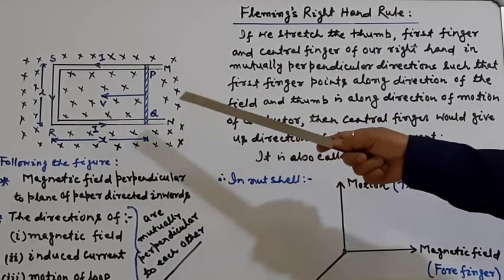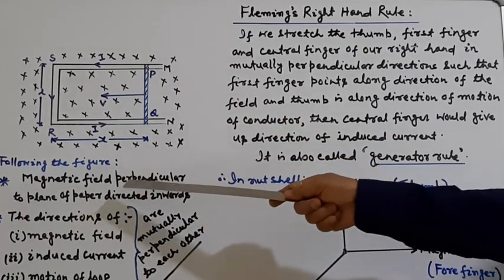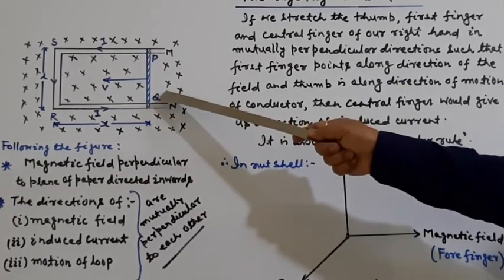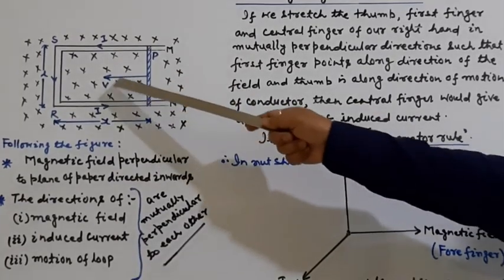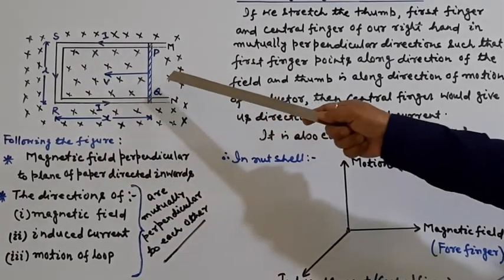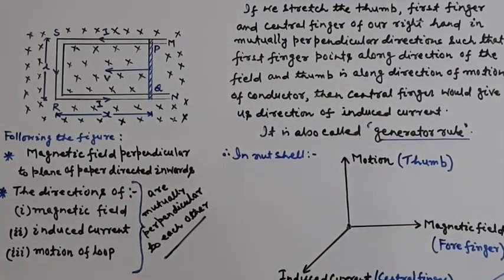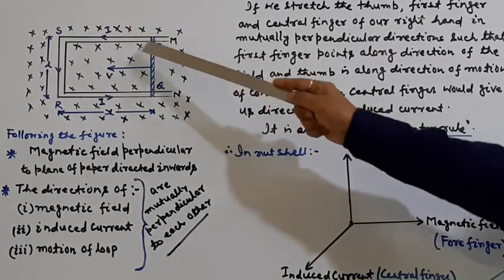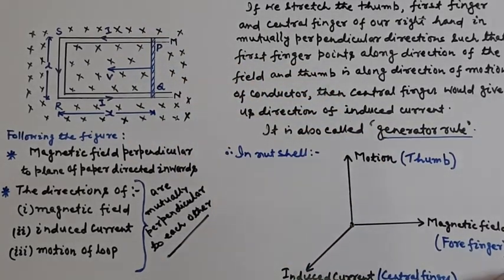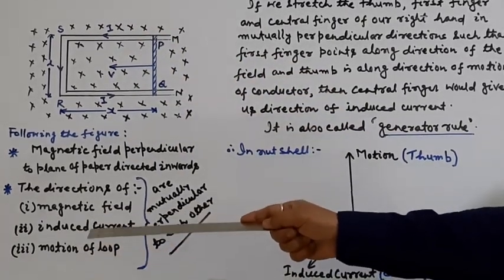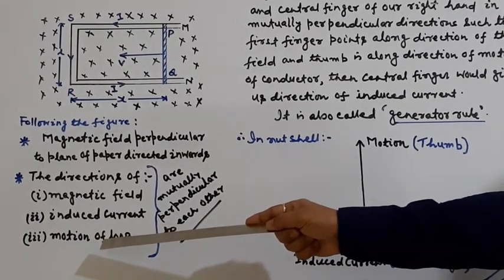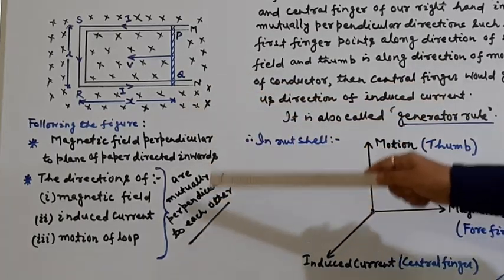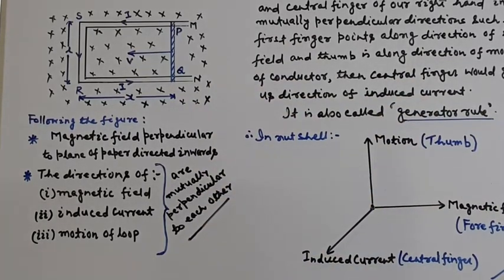From this figure, we can easily say the magnetic field is perpendicular to the plane of the paper, directed inward. This cross sign gives the magnetic field directed inward. And if we talk about the direction of current in the loop with the magnetic field, the direction of the magnetic field, induced current and the motion of the loop are all mutually perpendicular to each other.